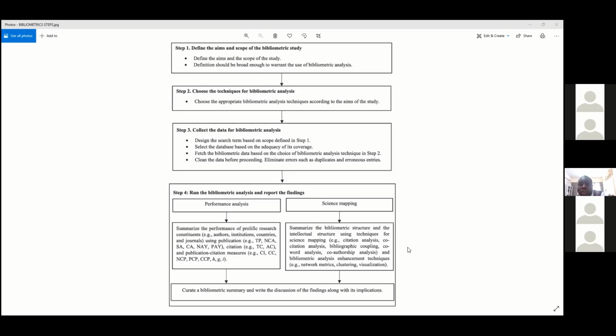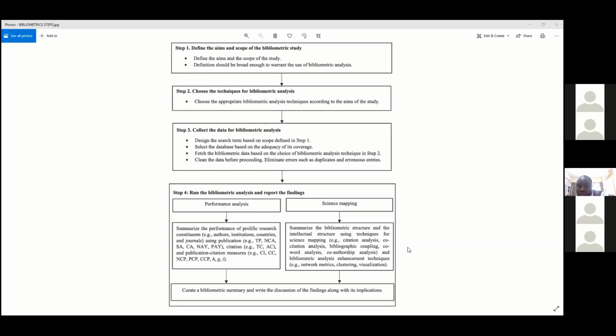So are you interested in doing a bibliometric analysis of an institution, of an individual, of a research group, or of some collaborators? You have to really define the nature and scope of the bibliometric analysis you want to undertake. And then, of course, the definition of the analysis that you want to undertake must be broad enough to warrant the need to undertake it.